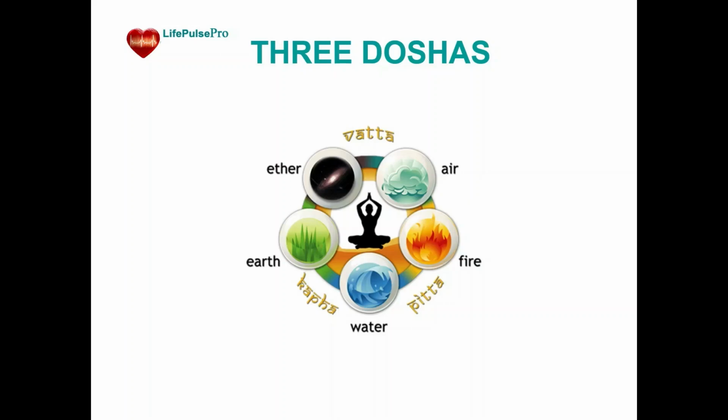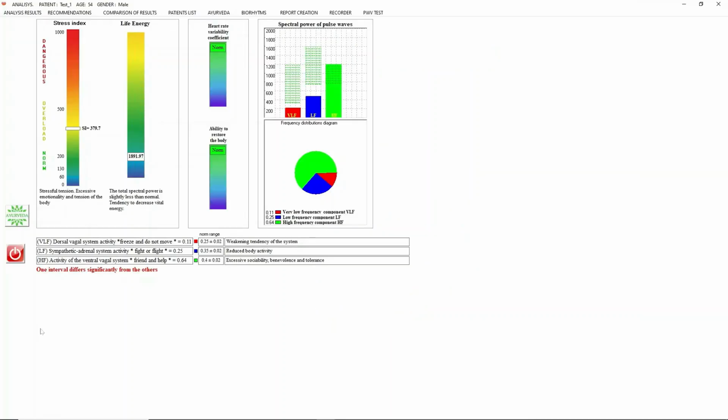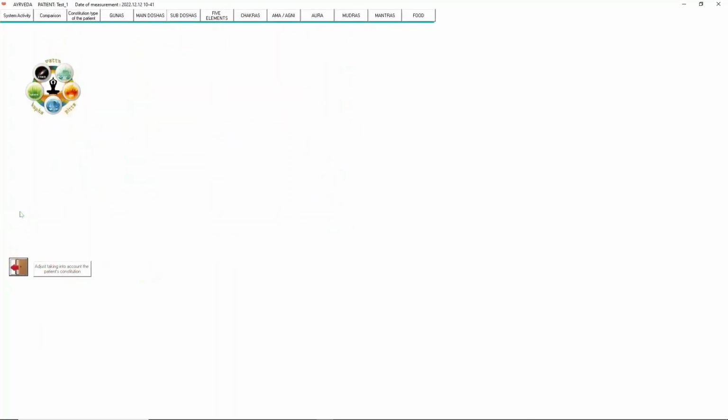Next, consider an example of using the Ayurveda tab. To do this, click the Ayurveda button. This activates the Ayurveda module. Control buttons are located at the top of the screen. Clicking on these buttons allows us to get more detailed information.